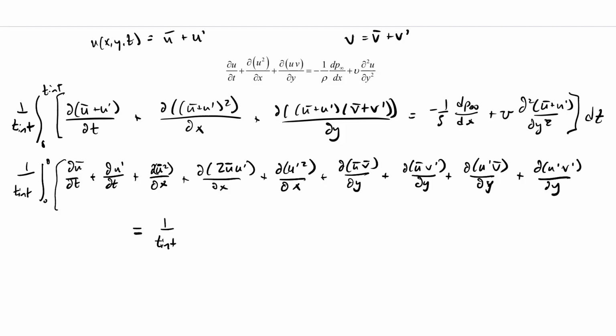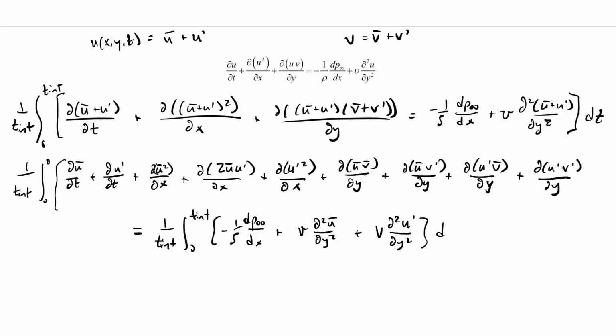So we'll integrate the right-hand side too, 0 to t int, of minus 1 over rho dp infinity dx plus nu d squared u bar dy squared plus nu d squared u prime dy squared with respect to time.